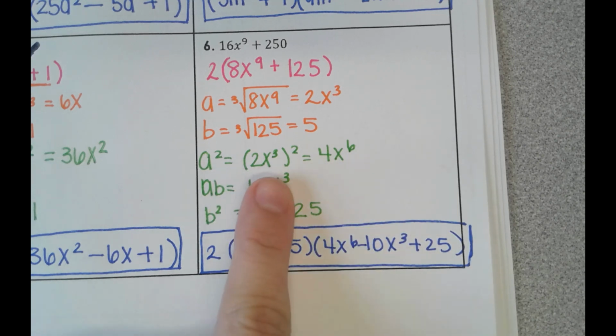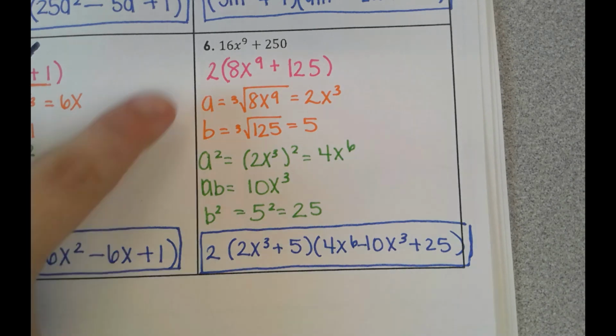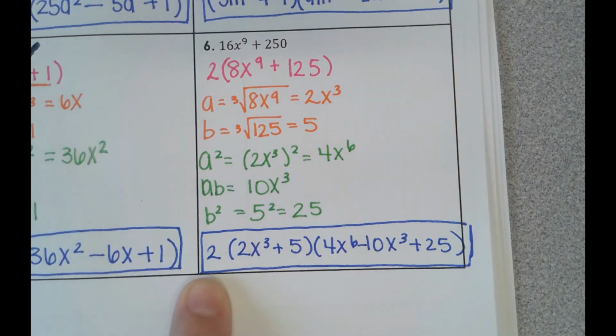Remember your exponent rules. When you have an exponent and an exponent side by side, you multiply them. And then AB, 5 times 2 is 10. Then we still have that x cubed. And then 5 squared was 25. And then that 2, you got to write your GCF in front. And then you just fill in your formula.